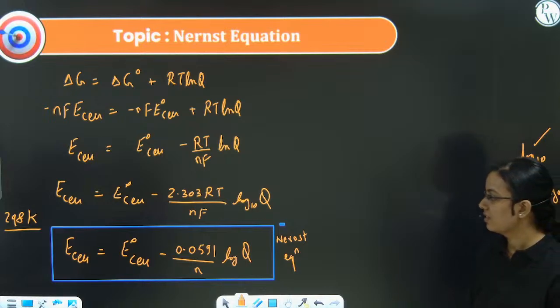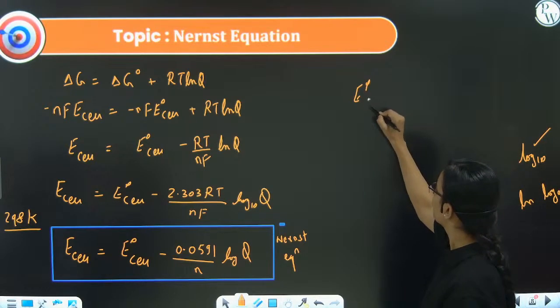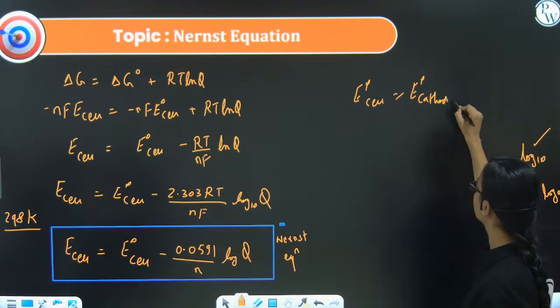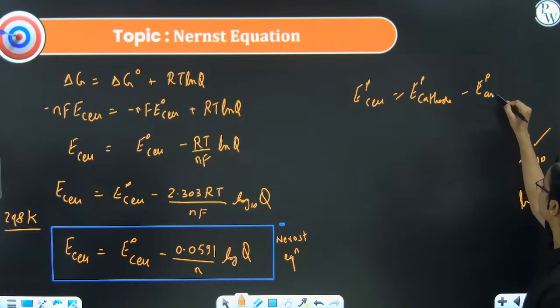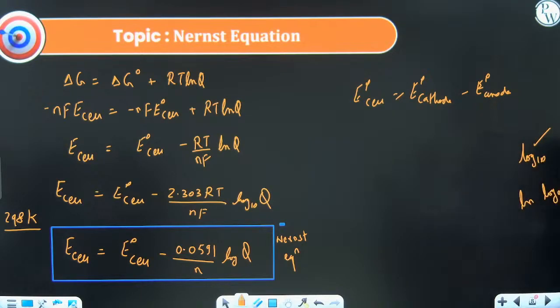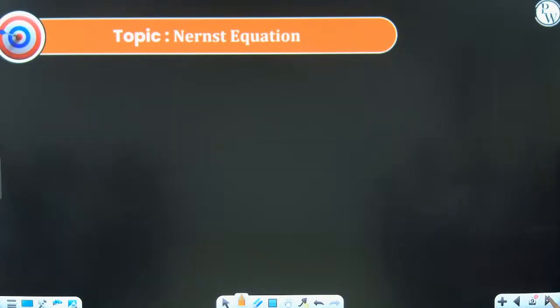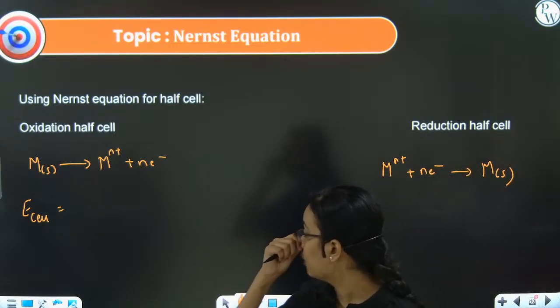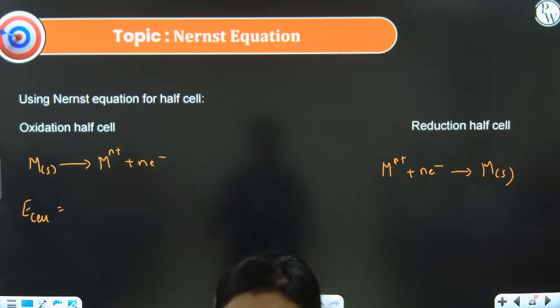Hmm. This E naught cell will be your E naught cathode minus E naught anode. ठीक है? ठीक है. Just try how will you write the Nernst equation for these two reactions.